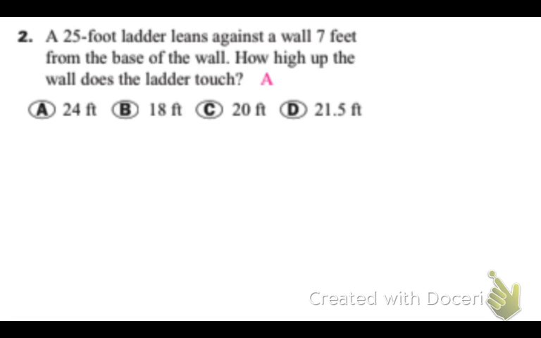Now here, remember, you're going to have an exam set of questions, and you're not going to be able to write on that paper. You're going to have to write on your scratch paper. So this is a perfect case where you would want to draw a picture. A 25-foot ladder leans against a wall 7 feet from the base of the wall.